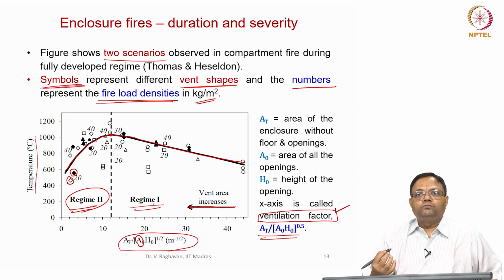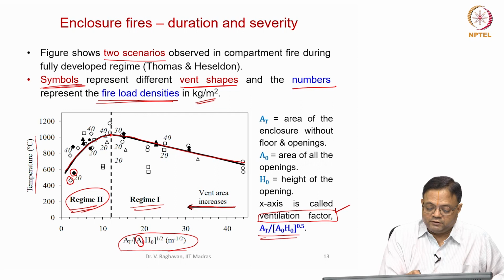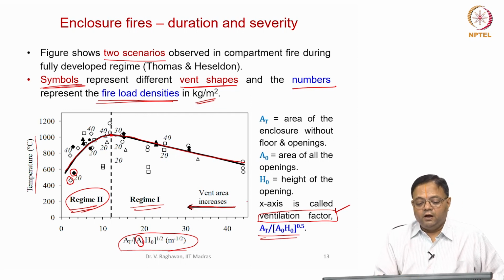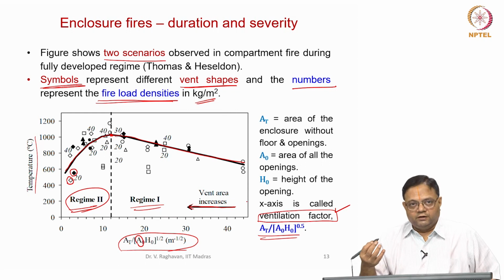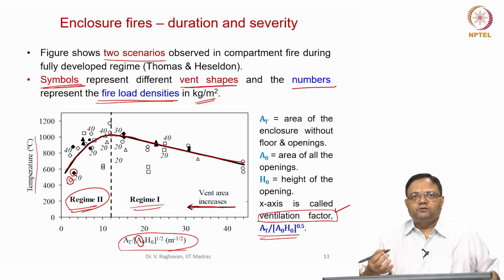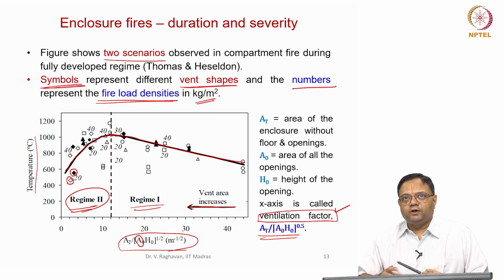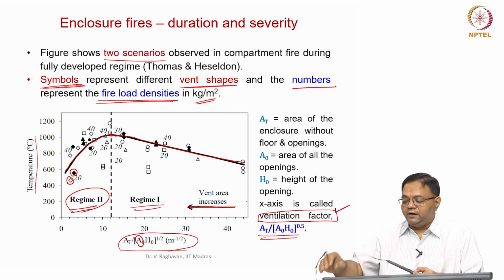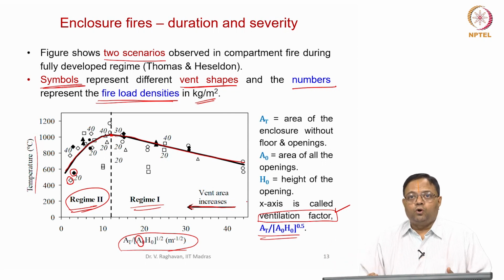That means the oxygen entrainment rate is not very high, especially when you decrease the vent area, when you go from this point towards the right, and you can see the burning rate or the temperature rise decreases, because the heat release also decreases in this. Okay. So these are the two important regimes which actually seem to be affected by the vent shapes, fuel load, as well as the oxygen entrainment.